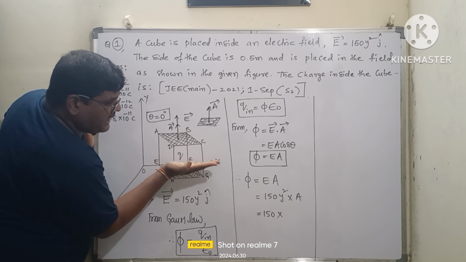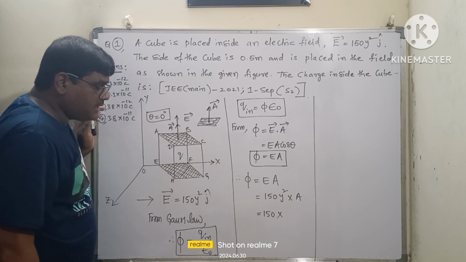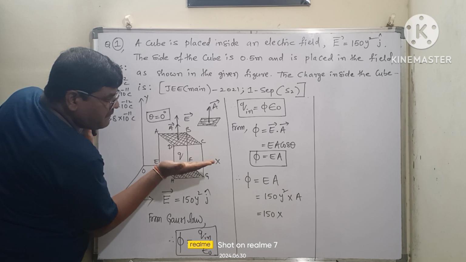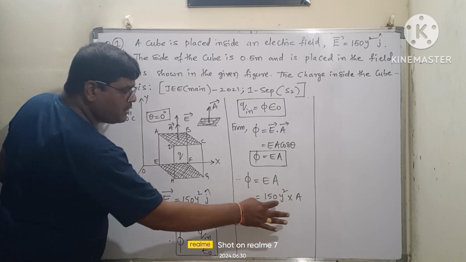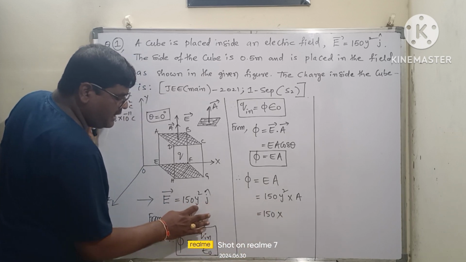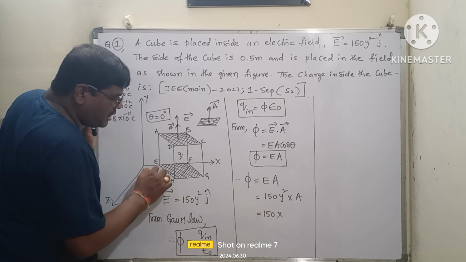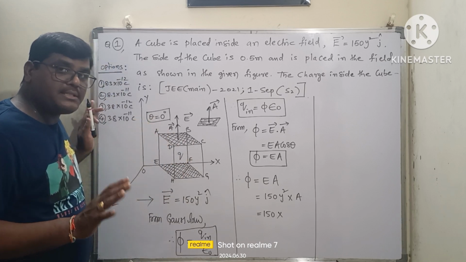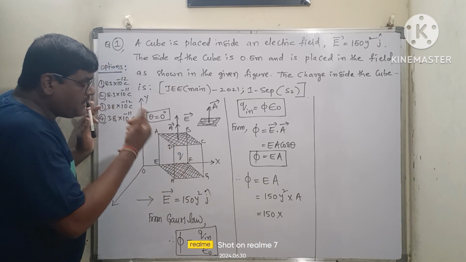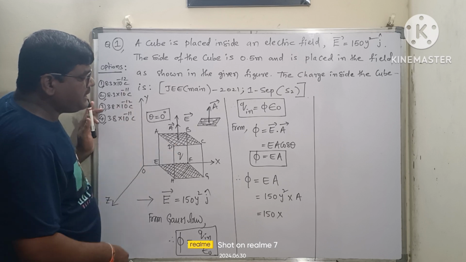If it is along the x-axis, what is the y component of this plane? It is equal to 0. So there is no electric field due to this plane. If you put y equal to 0, the electric field due to this face is 0. That's enough.